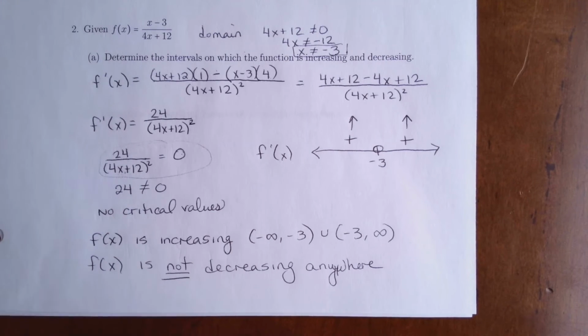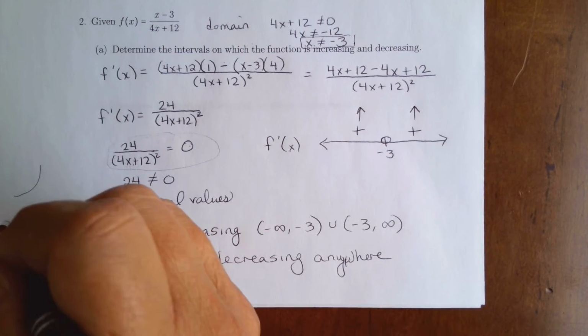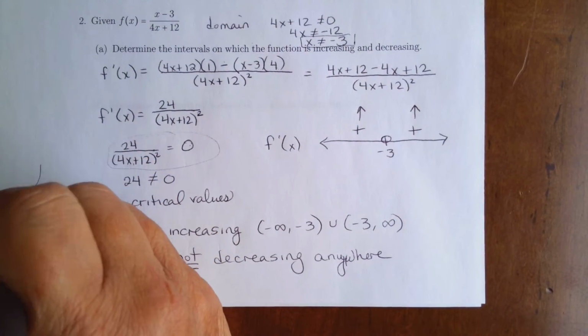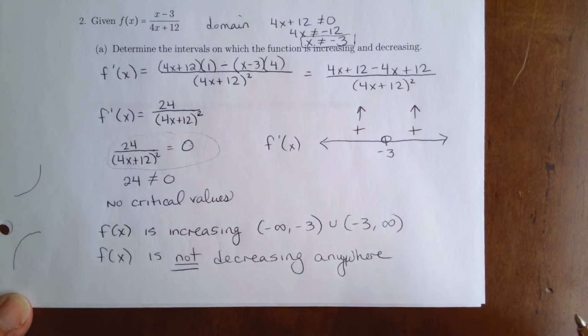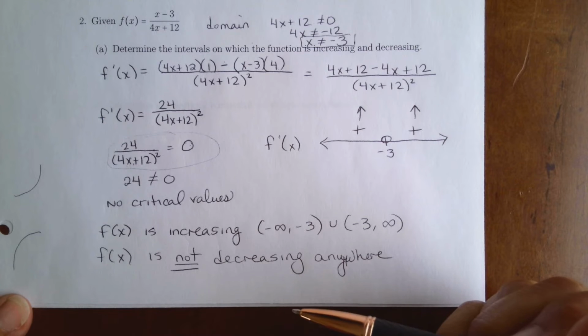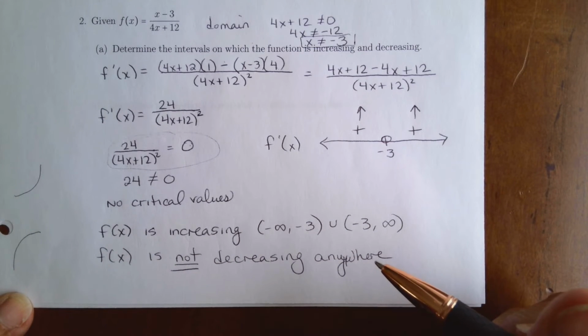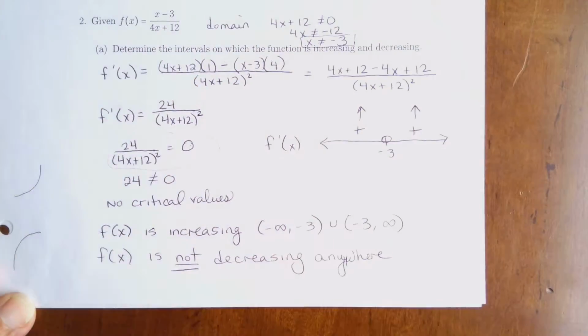All right, so we know that about the graph when we graph it. It's either concave up, increasing that way, or if it's concave down, it would be increasing like that. So there are only two possibilities for this graph right now. Now we're going to see whether it is concave up or concave down based on the second derivative.